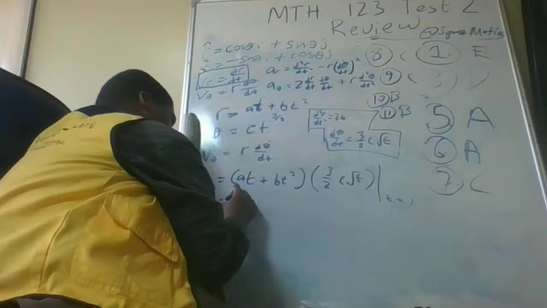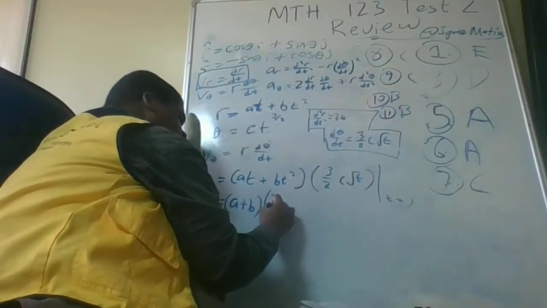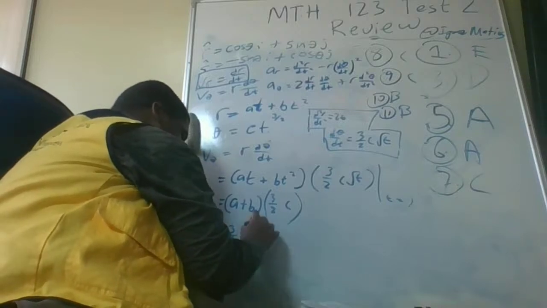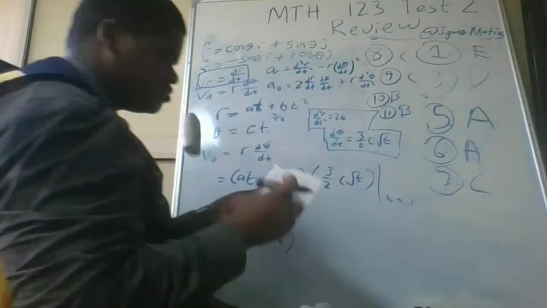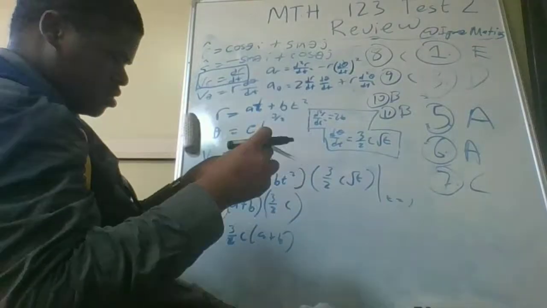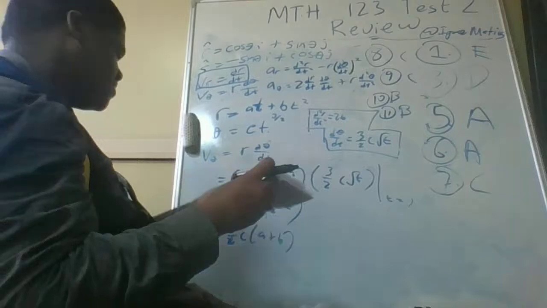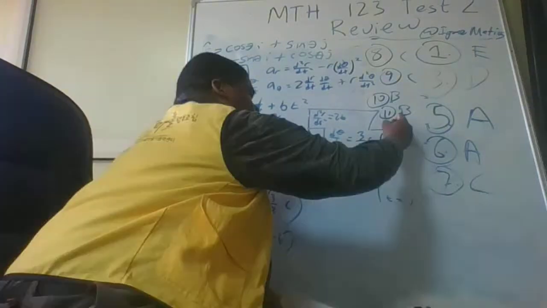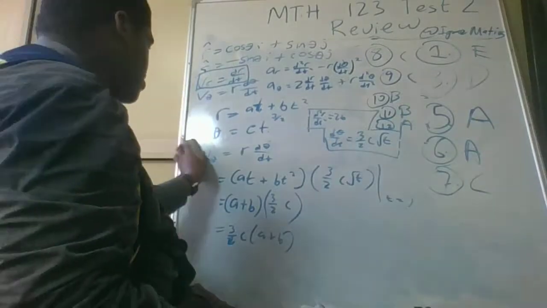So this would be equal to (a + b) times 3/(2c), which is equal to 3/(2c) times (a + b), which is option A. Question 12, we have option A: 3/(2c) times (a + b). That one is actually simple.